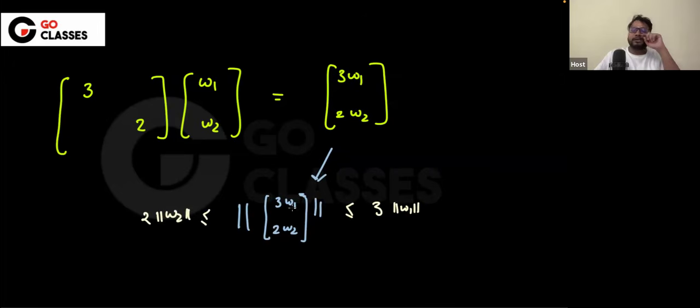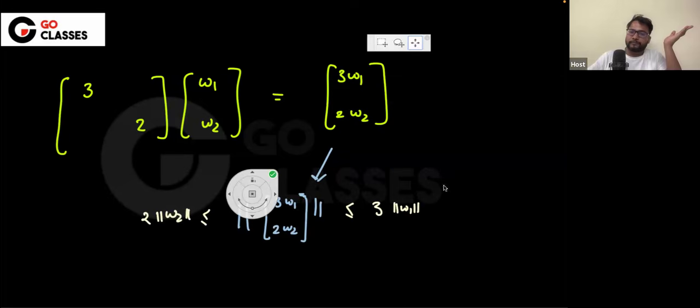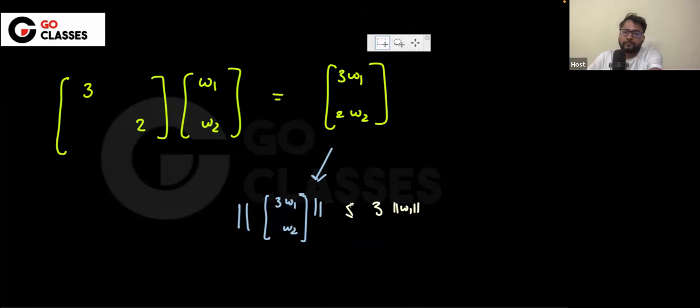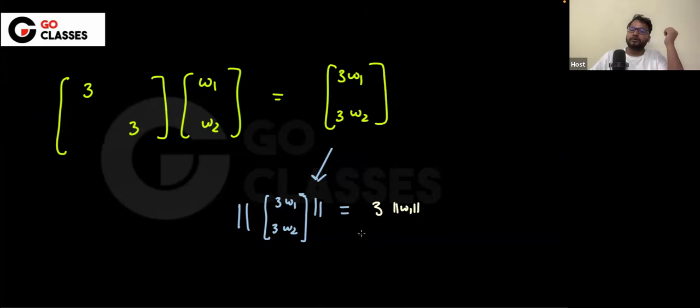Basically, if both are 3, then it is exactly equal to 3 into w. This is not w1, this is w.